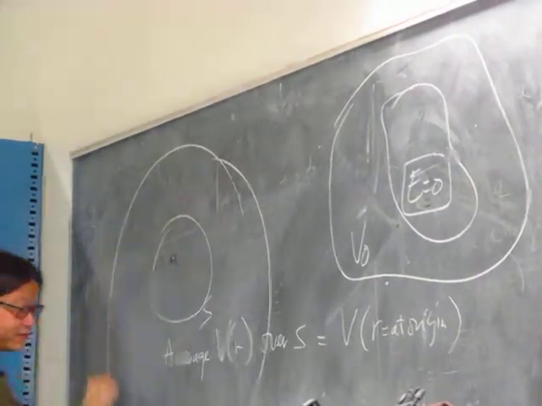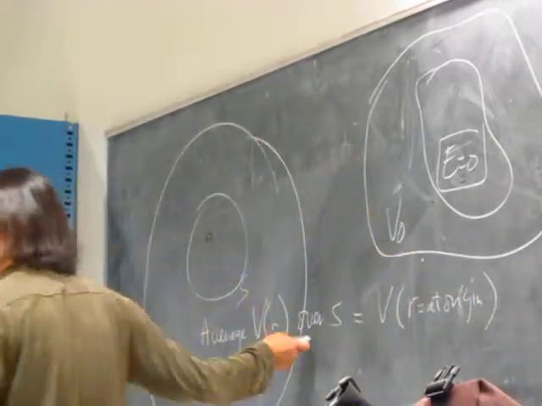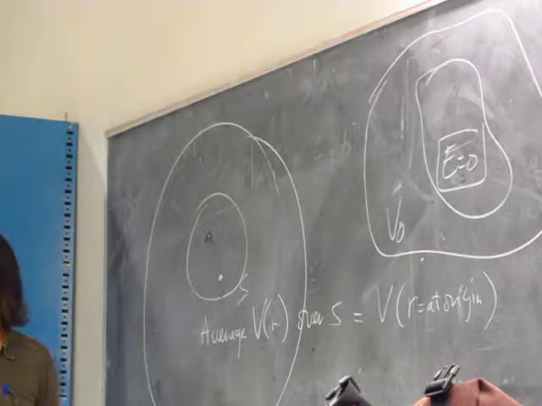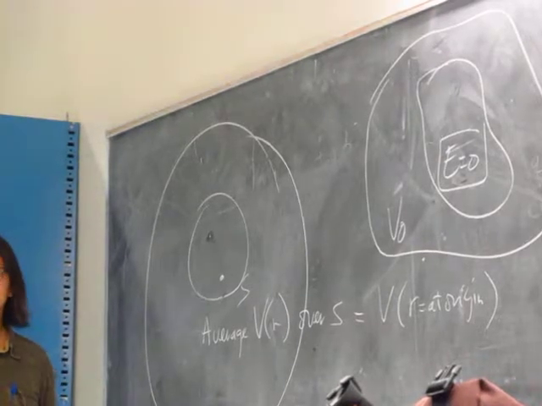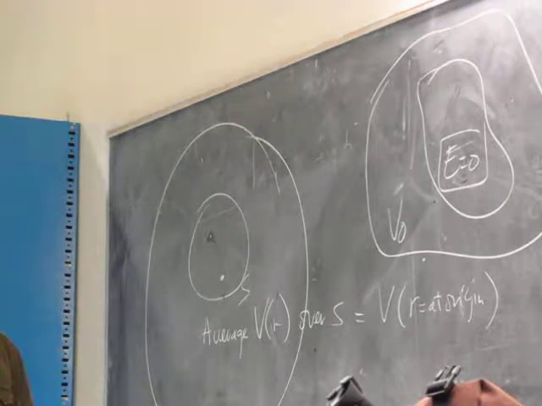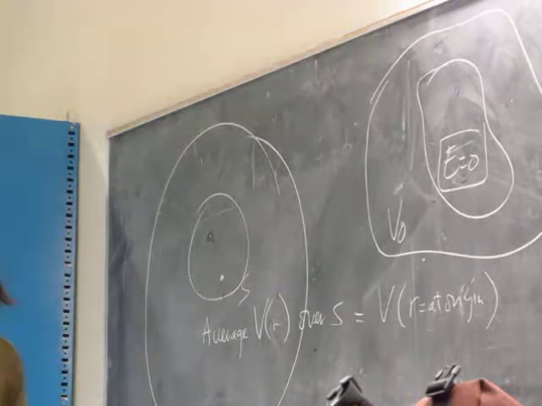Average the value of phi over the sphere, and it will be equal to the value of phi at the center. Might not seem useful now, but it will be useful later on.